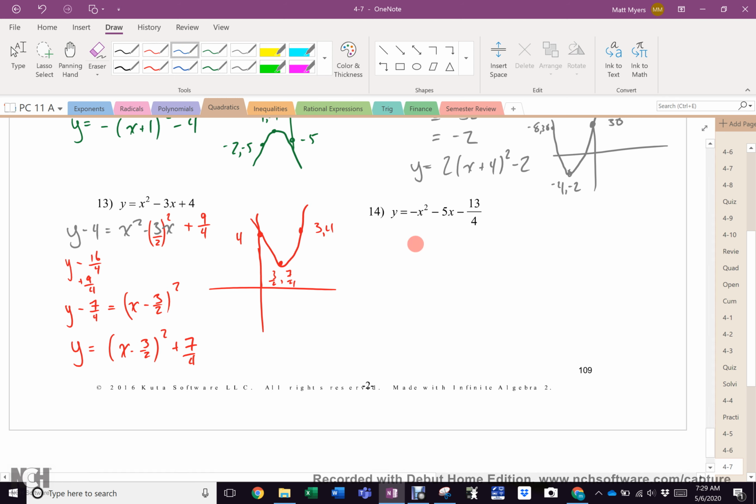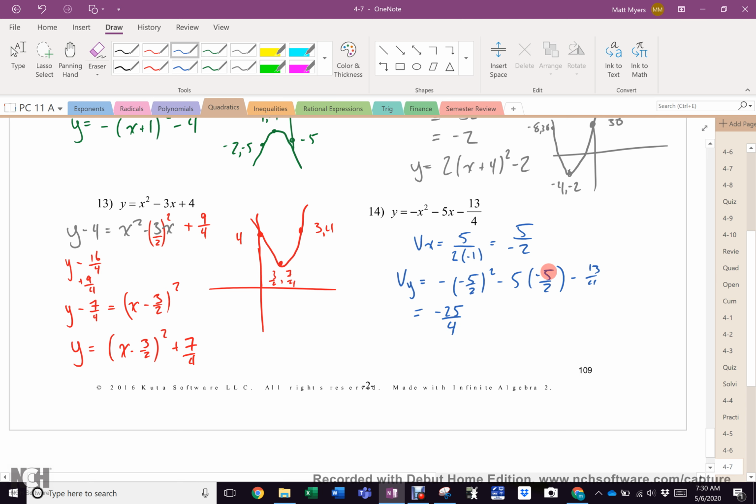And then over here, Vx equals negative b over 2a. So 5 over 2 times negative 1 is 5 over negative 2. So then our Vy is negative (5/2) squared minus 5 times negative 5/2 minus 13/4, which is negative 25 fourths.